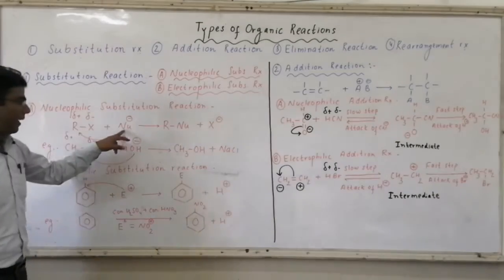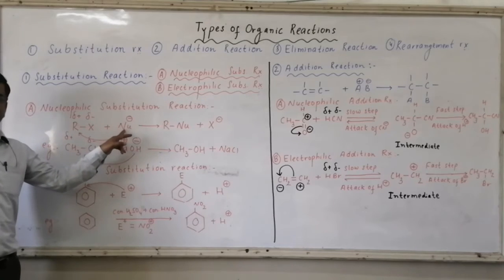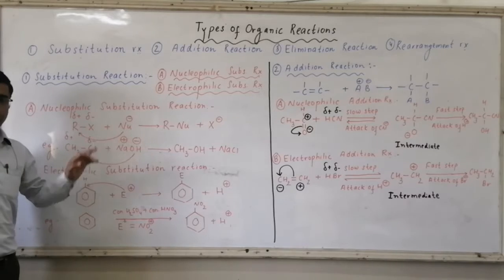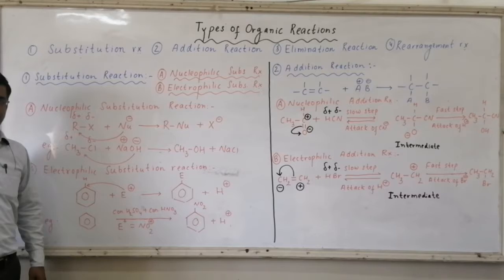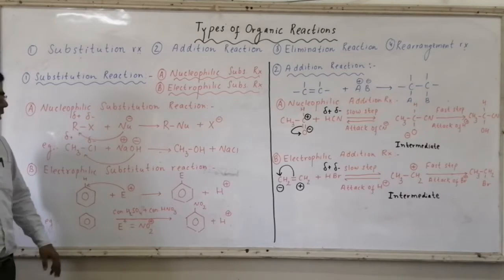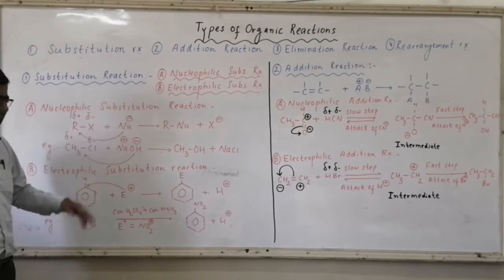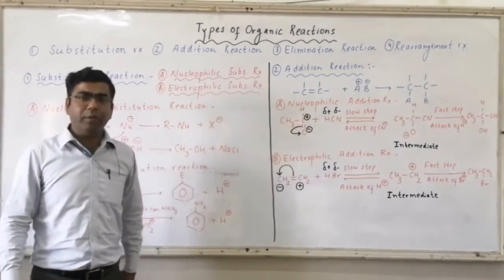Now, let us take attacking nucleophile. Here, it will be your attacking nucleophile, while X minus will be your leaving nucleophile. Being more reactive, this nucleophile will displace X from RX in the form of X minus, as a result of which we will get product and X minus will be removed.